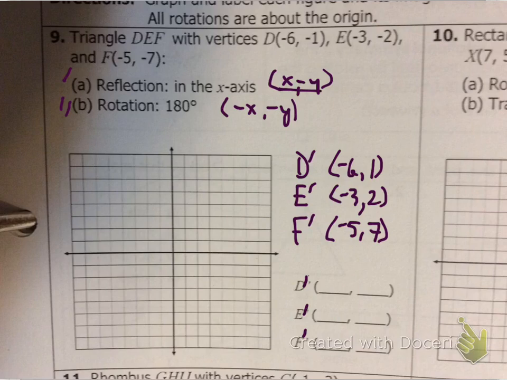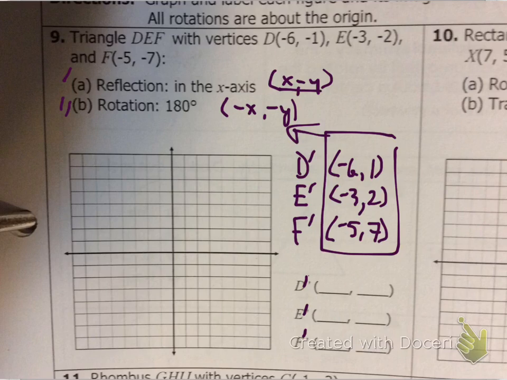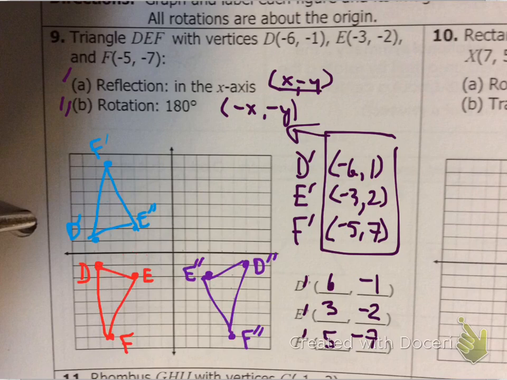Okay, now I'm going to take these answers and apply them to this rule, which says change the sign of the x and the y again. So now it becomes 6, negative 1, 3, negative 2, and 5, negative 7. And that should be my answer. So you can kind of see how this worked.